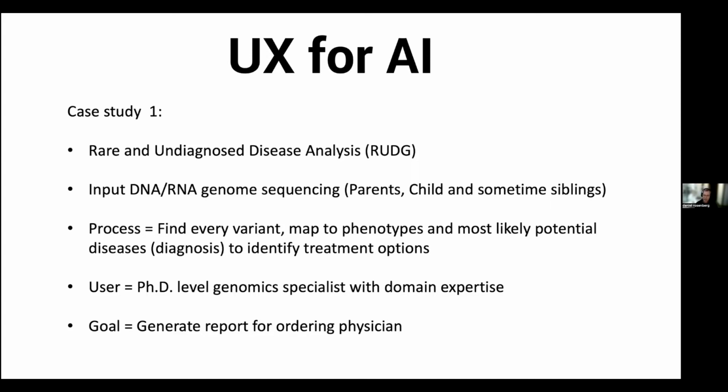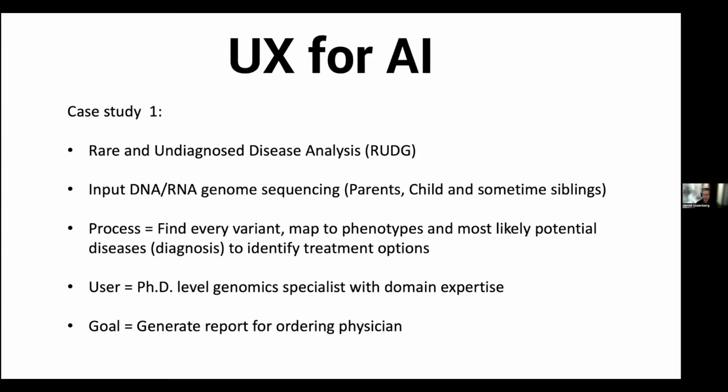This is very much after the sequencer. And what you are doing is looking at the entire genome for rare and undiagnosed disease of usually the parents, the child, and sometimes the siblings. So you're trying to figure out what is going wrong and what you can do to help a child.